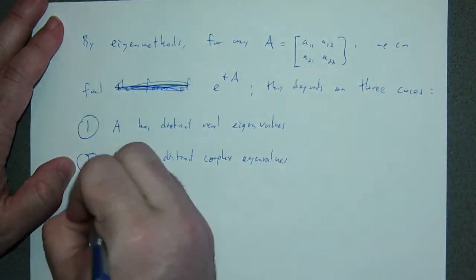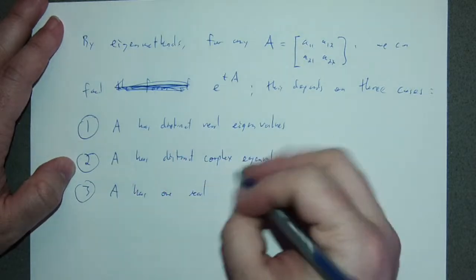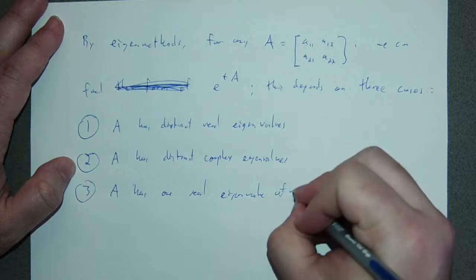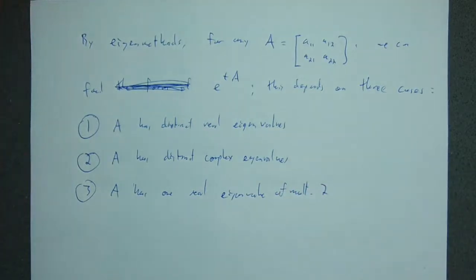In case three, A has one real eigenvalue of multiplicity 2. Those are our very familiar three cases, because the characteristic polynomial of A is a quadratic, so these are the only three cases. Okay.